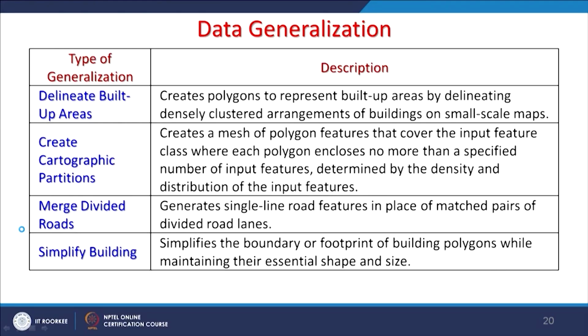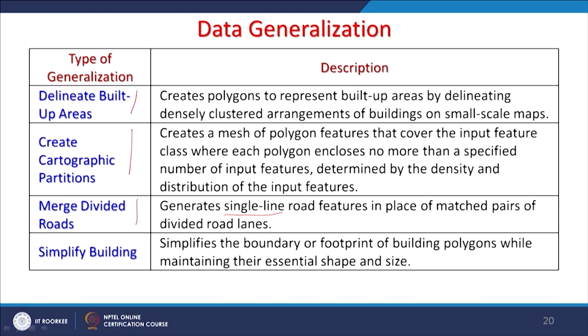There are some other types of generalization like delineate built up areas, create cartographic partitions, merge divided roads and simplify, because there may be a 2-lane road or 4-lane road, and you want to merge it as a single line in your output map, because your requirement is just to show that there is a road. Your requirement is not to show that it is a 2-way 4-lane road or 2-lane road.